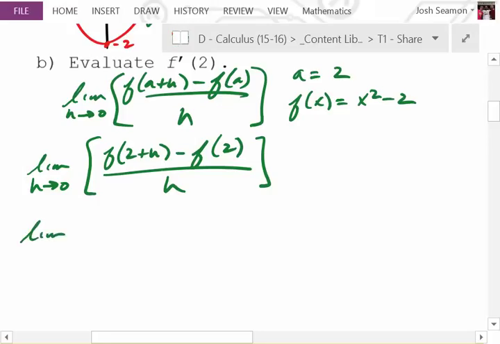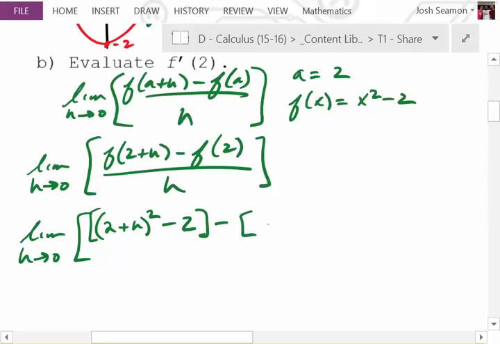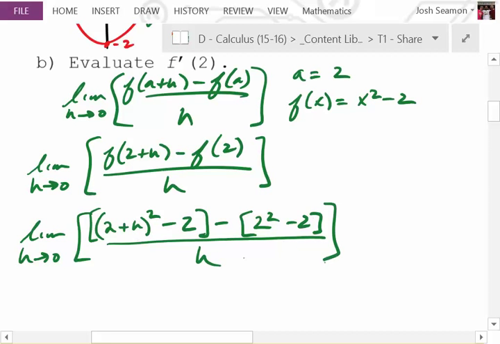The limit as h goes to 0 of 2 plus h squared minus 2 minus 2 squared minus 2, all over h. Don't simplify yet.